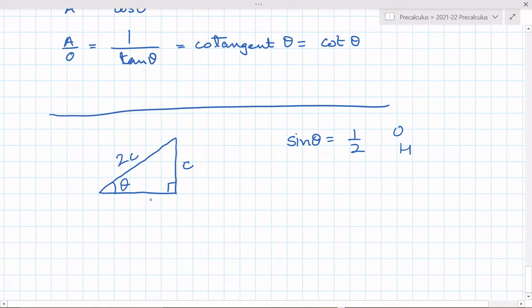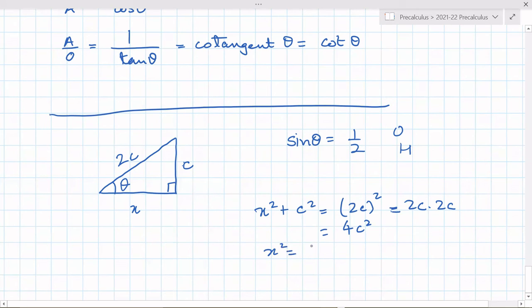And what is this length? This I don't know, right? So let me call this X. So by Pythagorean theorem, I know X squared plus C squared is 2C squared, which is 4C squared. Make sure, because this is 2C times 2C, there's a whole square, so 4C squared.